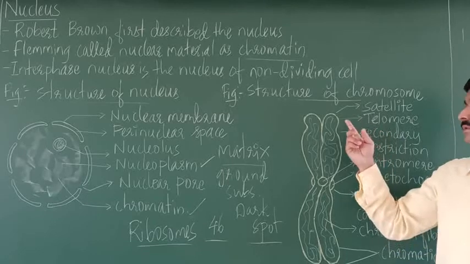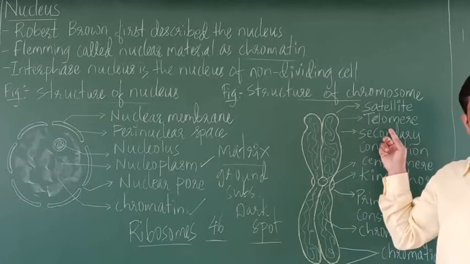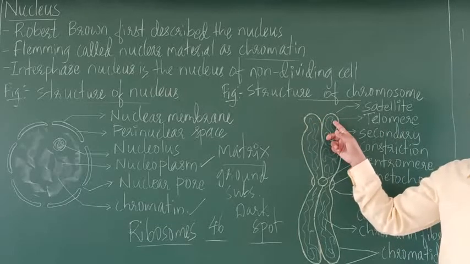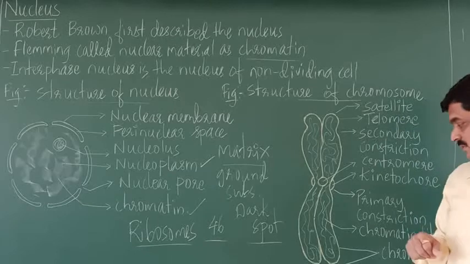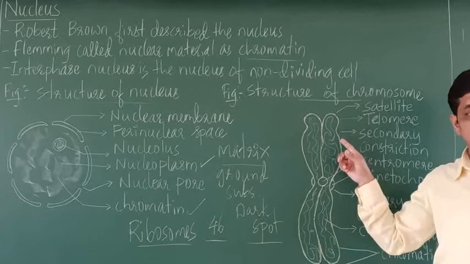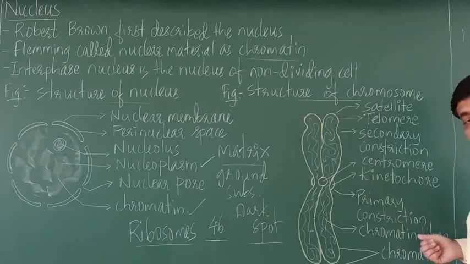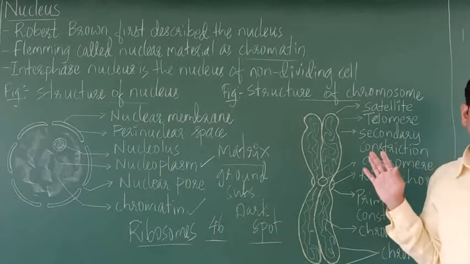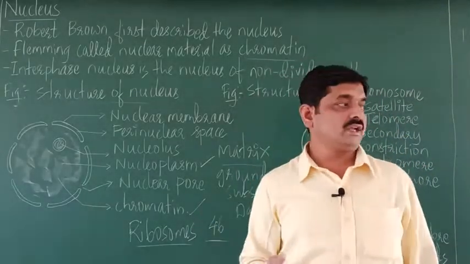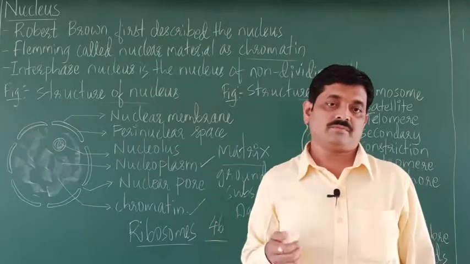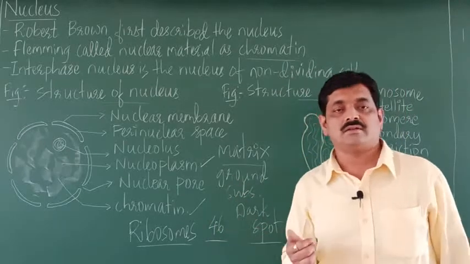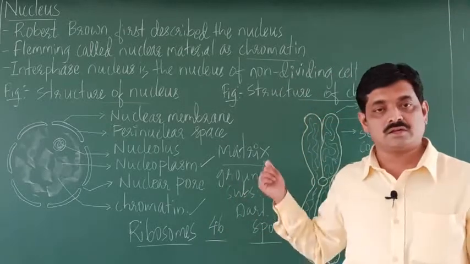The tip of the chromosome is called the telomere. The part above the secondary constriction near the telomere is called the satellite. In the chromatids, you can observe thread-like structures called chromatin fibers. So in the diploid cell, there are 46 chromosomes, and in the haploid cell, there are 23 chromosomes.